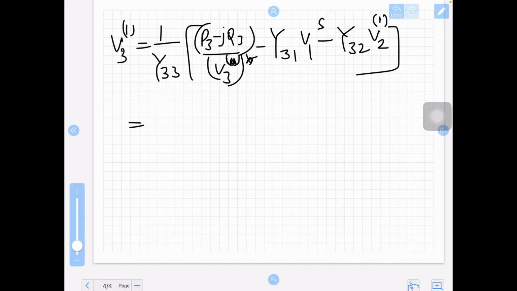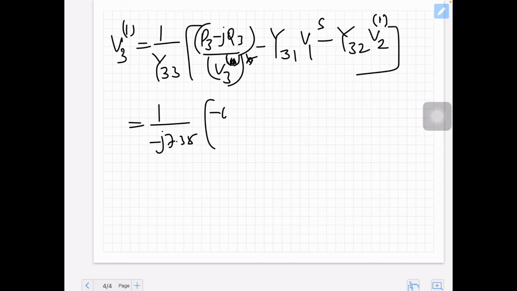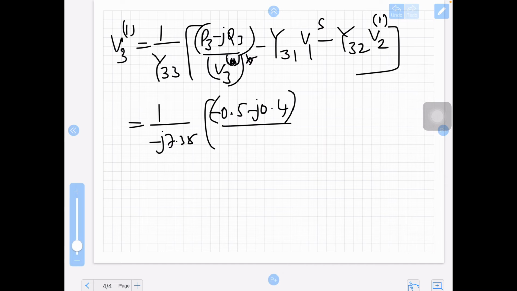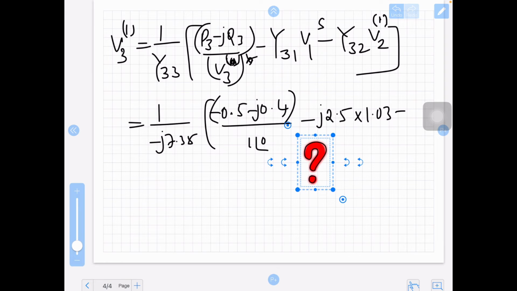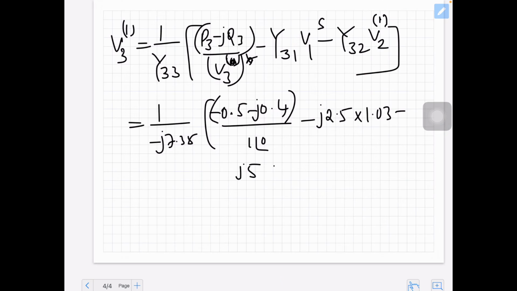So in this substitution, Y33 value is already calculated, minus j7.35, and the P3 and Q3 values are given, 0.5 minus j0.4, divided by V3 of 0 in brackets, 1, and if you take the conjugate it remains the same, minus Y31, which is given as 2.5, times V1, 1.03, minus Y32, which is j5, into V2.